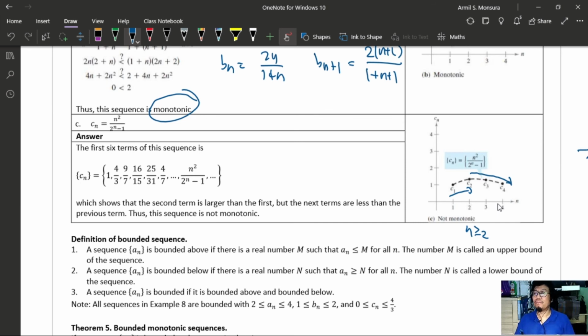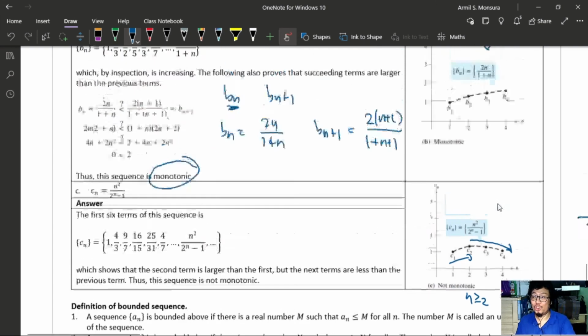But sometimes, if you put this sequence in analysis, you might try to force the sequence to become monotonic by specifying that it is monotonically decreasing for n greater than or equal to 2, because from n greater than or equal to 2, the sequence indeed is decreasing. But this is not a monotonic sequence for all n's.